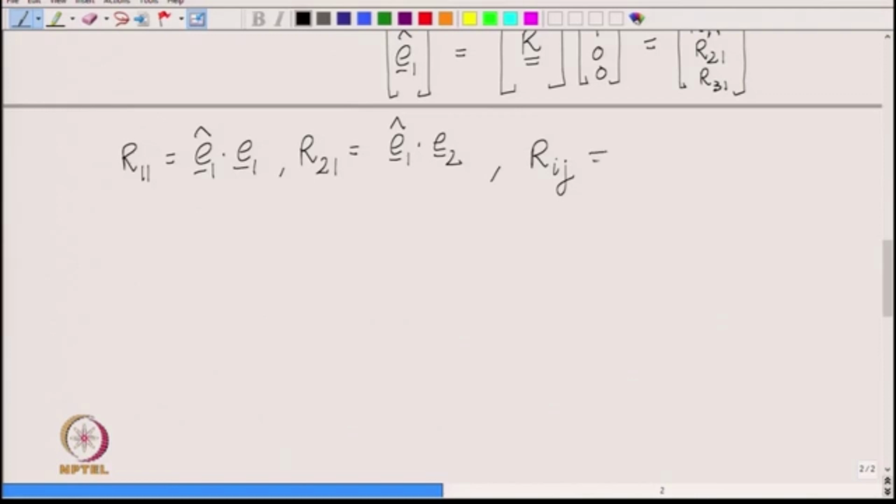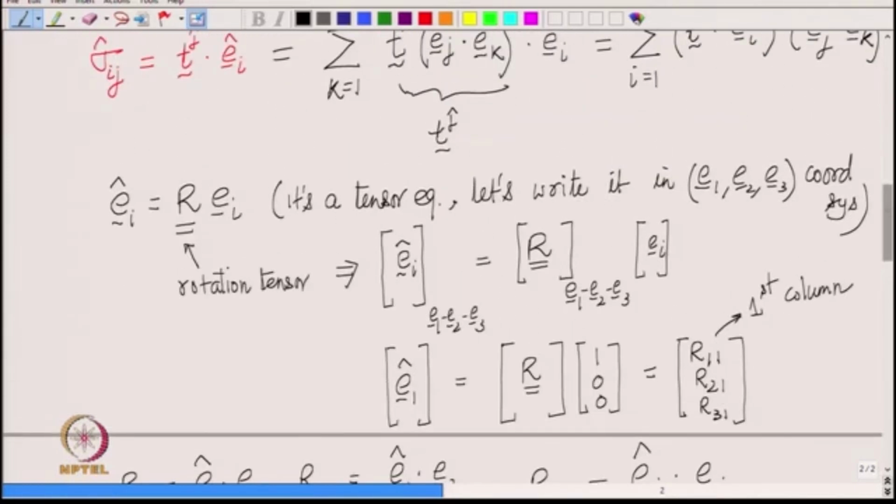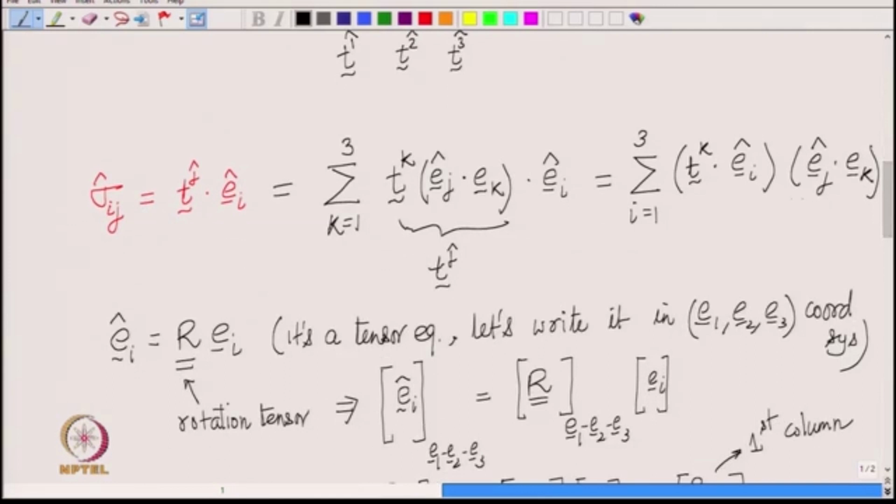So, that means this is Ej hat dot Ei, quite simple. So, we are going to use this formula that we just derived in the above equation right here. Okay. So, we are going to use that formula here.